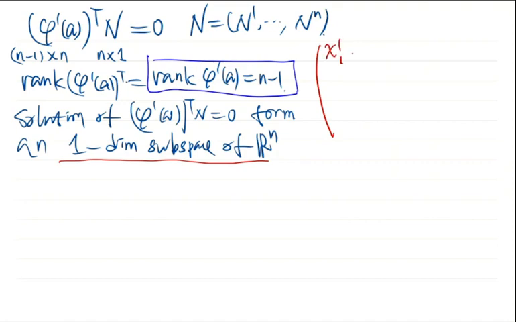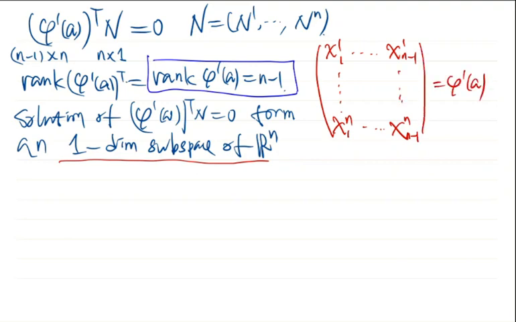x_1^1, through x_1^(n-1), down to x_n^1, through x_n^(n-1). This is the derivative matrix of phi. Here to save space, we use the notation x_i^j as the partial derivative of x_i with respect to u_j.